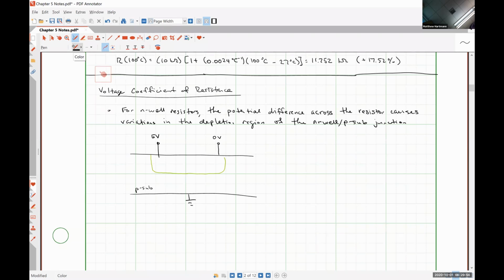So on the left-hand side, the junction is more reverse biased than the right-hand side. And so that increase in reverse biasing should give us kind of an odd profile.